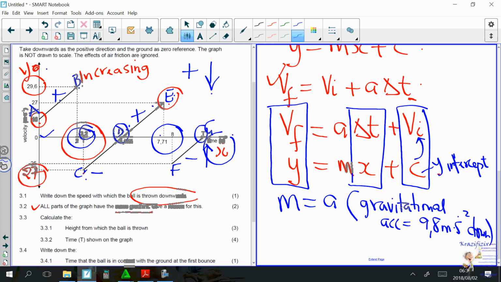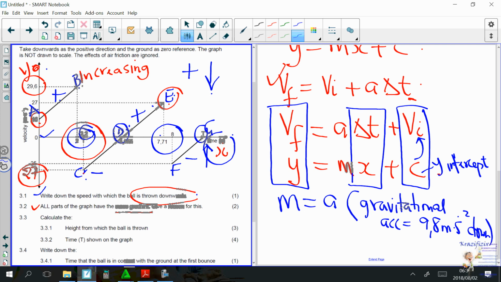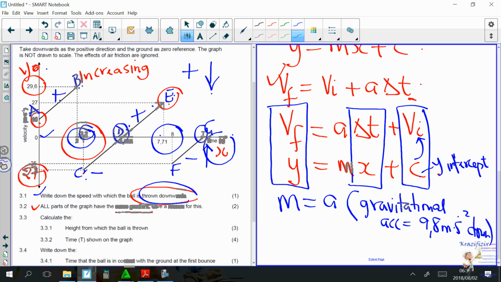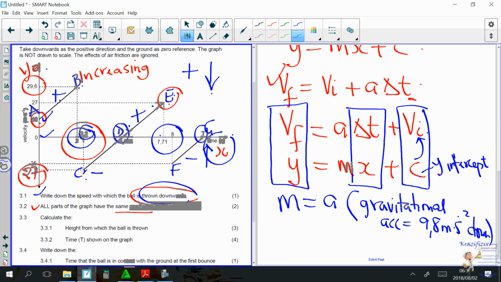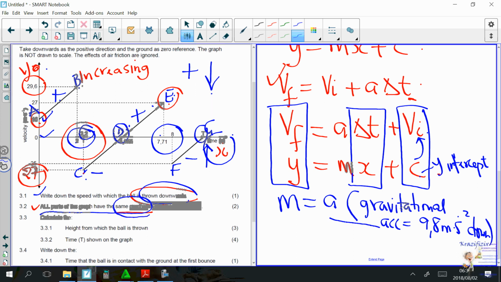Which also helps us to understand 3.1. Thrown downwards, my initial velocity is my y-intercept. Let's check the y-intercept. It's 10. Now let's answer this question. All the parts have the same gradient, because our gradient is simply acceleration due to gravity, and it is a constant.